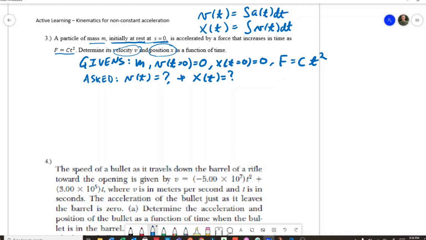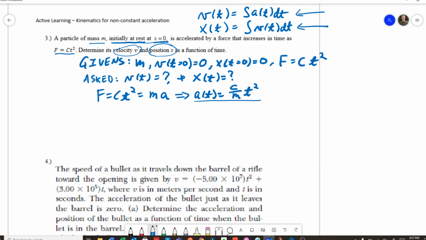Now, first thing to note, right, is that we're given the force as a function of time. We need velocity and position. These equations here are going to be the ones that will help us out, right? But first, we need acceleration as a function of time. Well, since F equals ct squared, and that's the only force acting on the object, it's also equal to ma. So I can divide both sides of this by m, and I have that acceleration as a function of time is c over m times t squared.